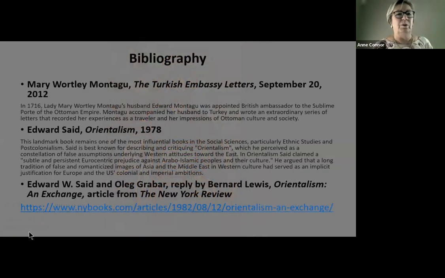I've given you a bibliography. The letters, you can still find them in print, as you can see, the Turkish Embassy Letters.